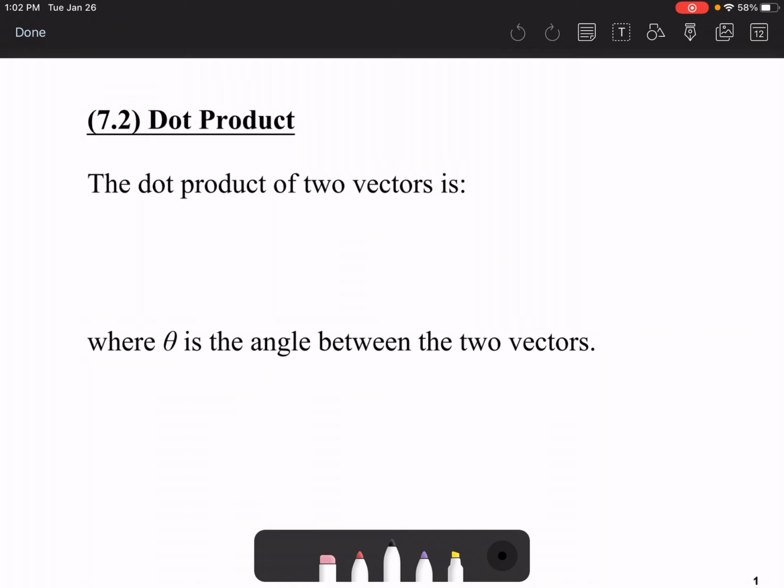So the dot product is described as, I'm going to visually draw two vectors here. So let's say I have a vector u and I have vector v with an angle of theta between them.